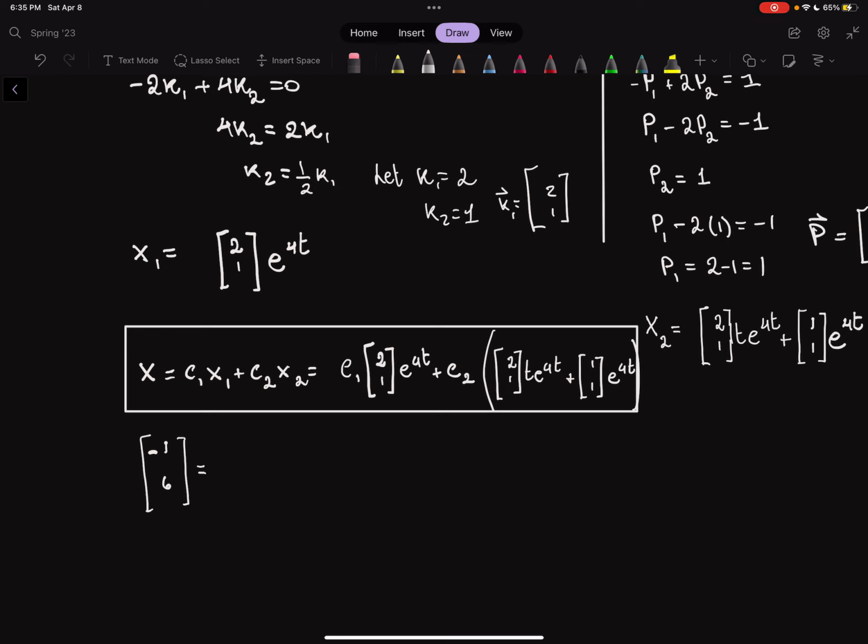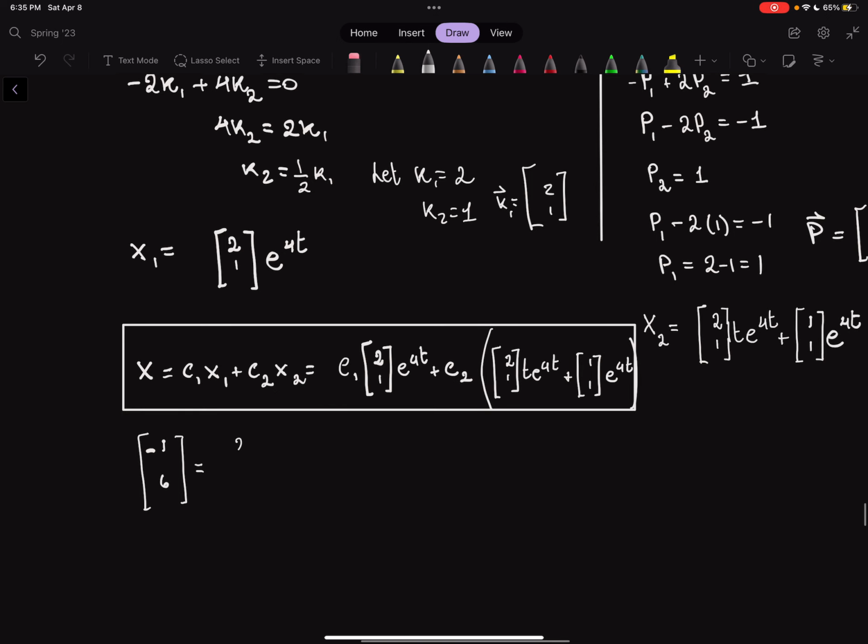I'll distribute the C1, and so we get 2C1 and C1 times e to the 0, that's just 1, so I'm not even going to write it, plus C2, I'll distribute the C2, so we got, well, this whole term goes to 0 because it's t at 0, and t is a multiple of this term. And then for the second term, we get e to the 0, so I don't write the e, I just need to write C2. Distribute it in, so C2 and C2.